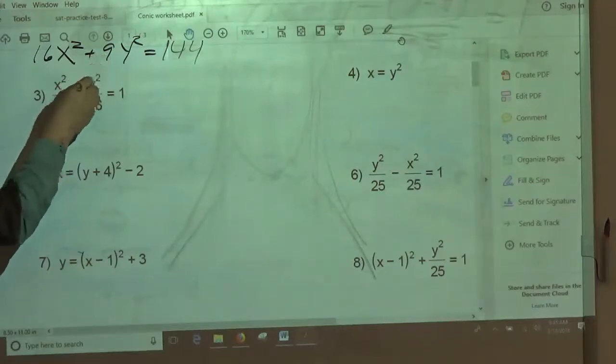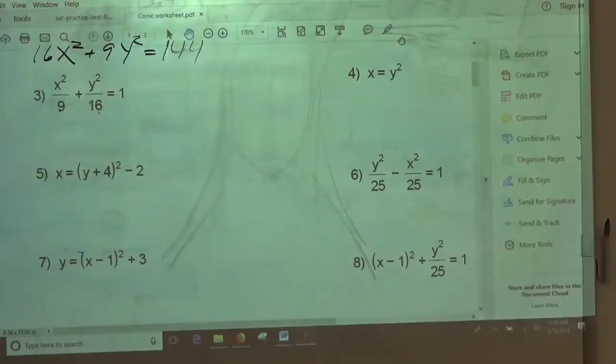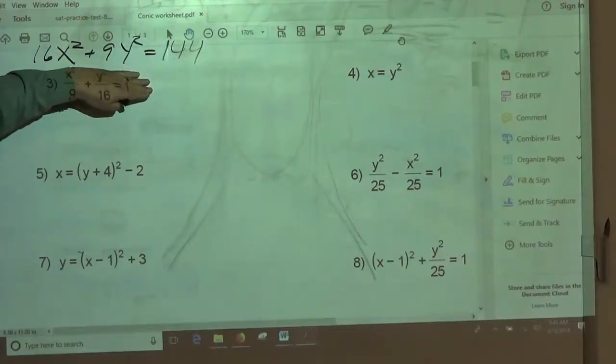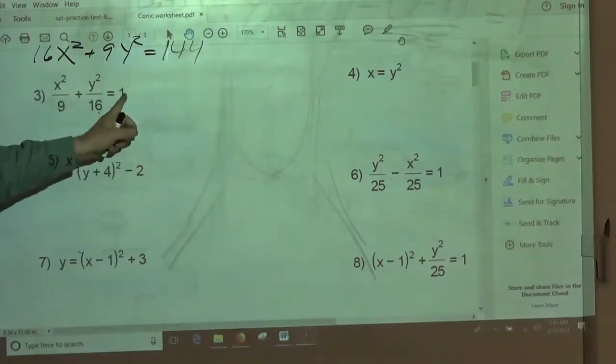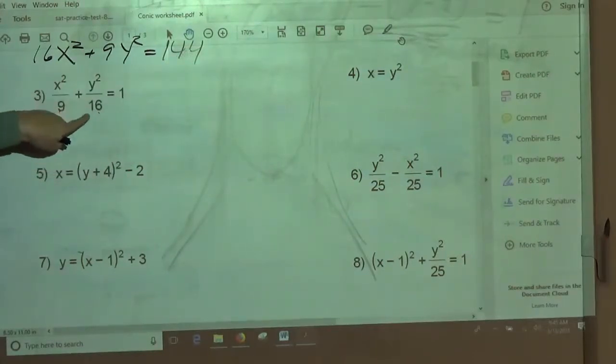The 16 that was 16 times 9 that made up this ended up down here. Okay, that's just for your information, that these coefficients trade places if you're given it like this. Because we have to get a 1 on the end. So when I divide by 144, these coefficients trade places.